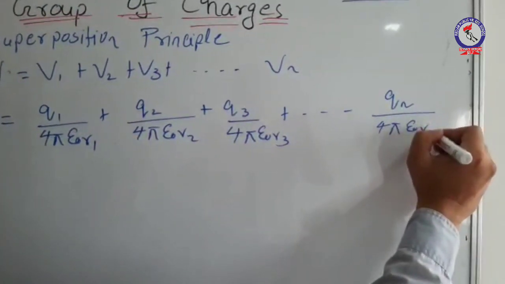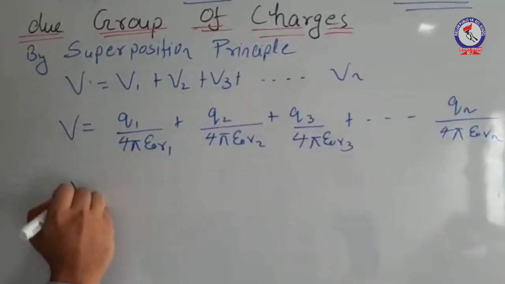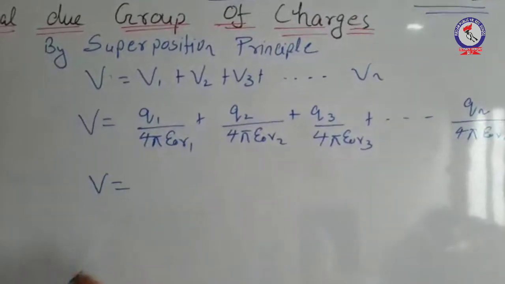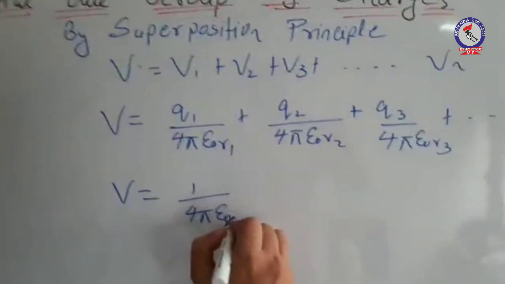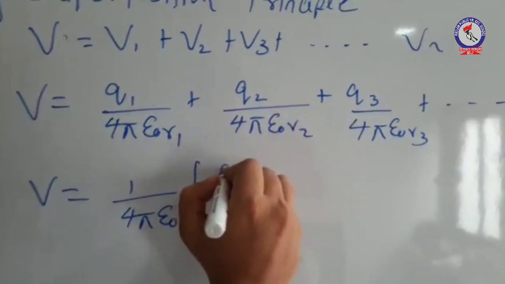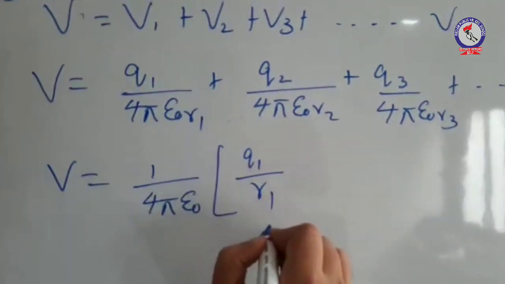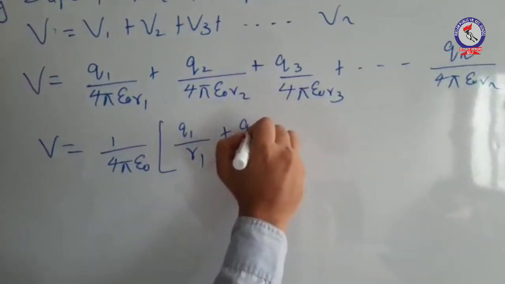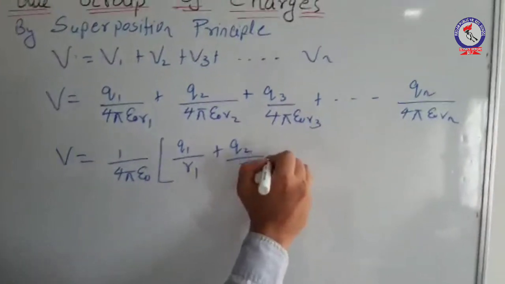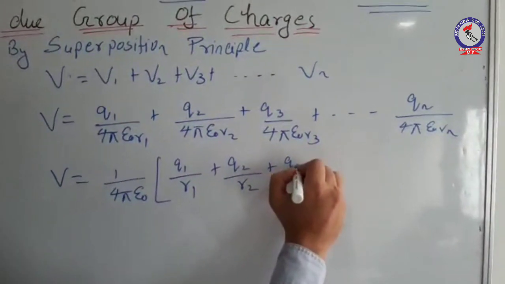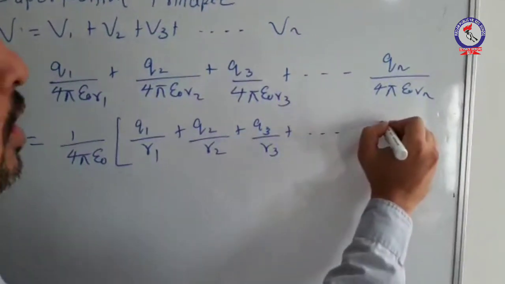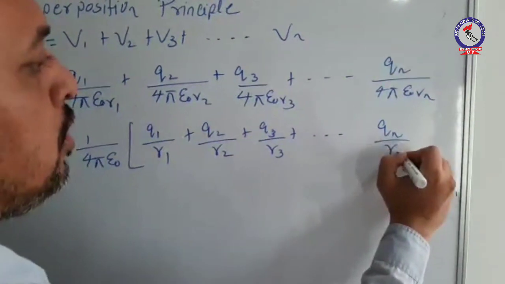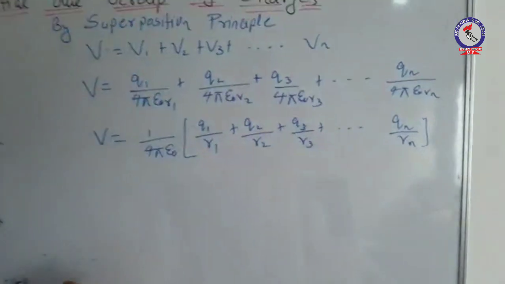Simplifying this expression, we get 1 upon 4 pi epsilon 0 times Q1 by R1 plus Q2 by R2 plus Q3 by R3 plus, continuing till Qn by Rn.